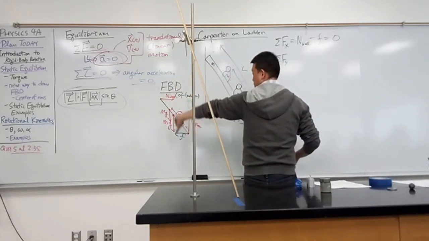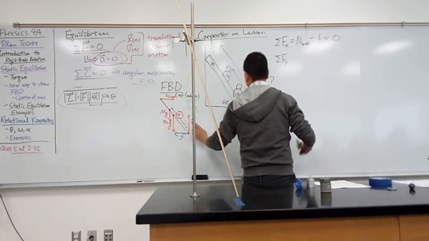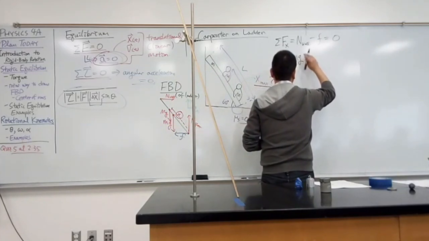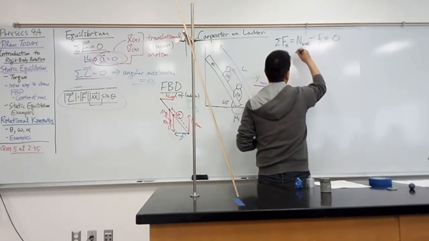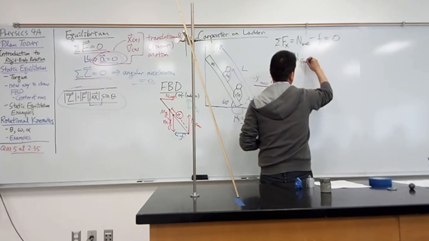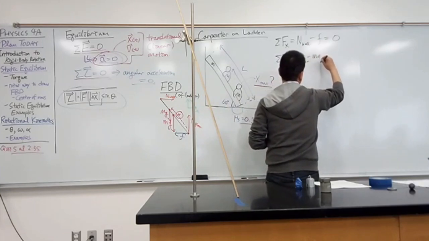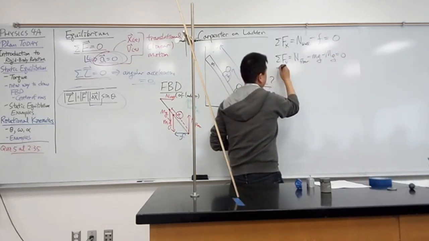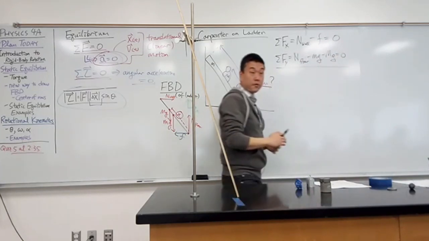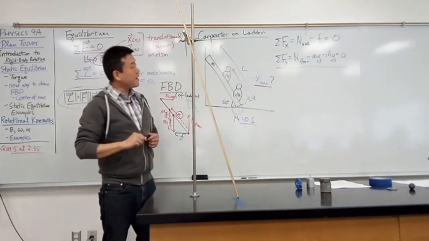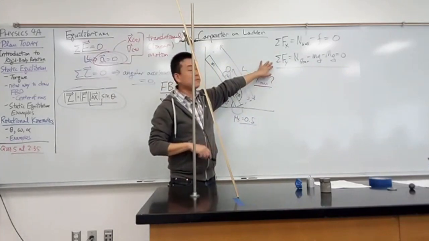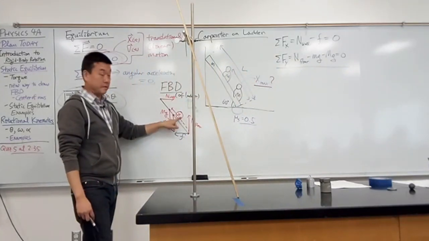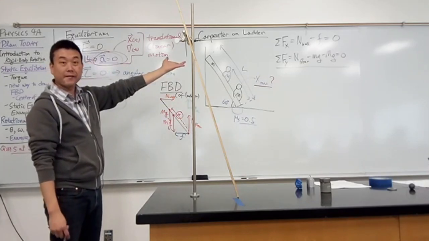Net force in the y direction, that would be the two gravity forces and the normal force. Downward is negative, so normal force from the floor minus small mg minus big mg is equal to 0. This is what we are used to doing so far. And when you look at this, you will see that this gives you no way of answering this question because x doesn't occur there.